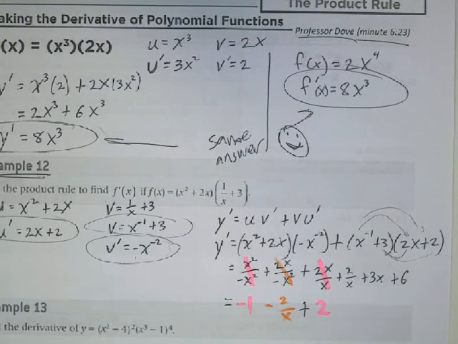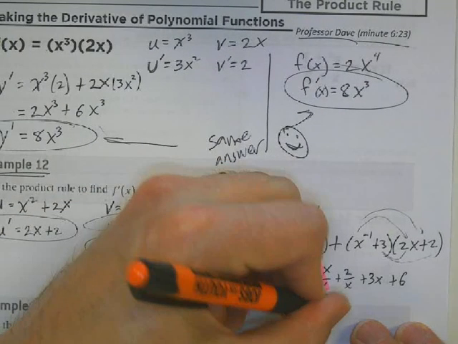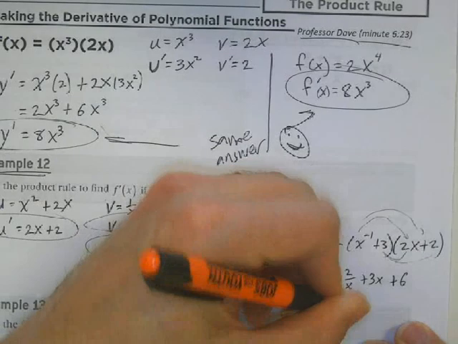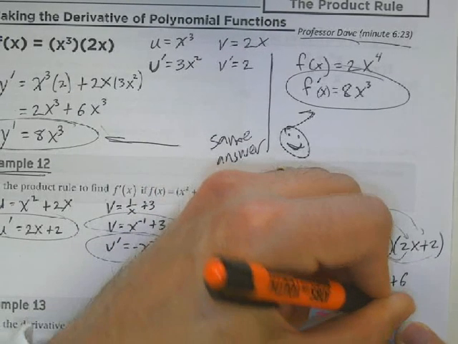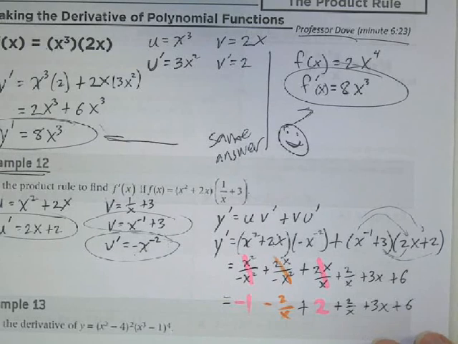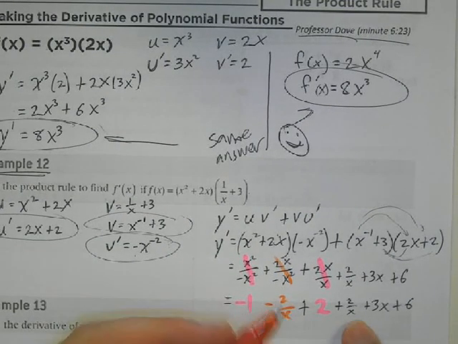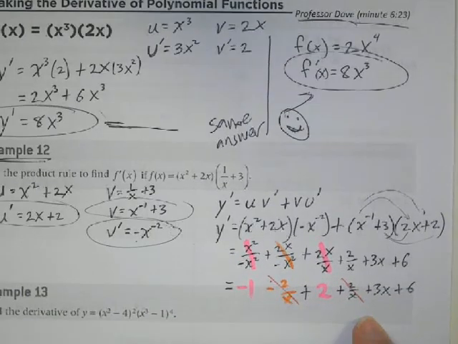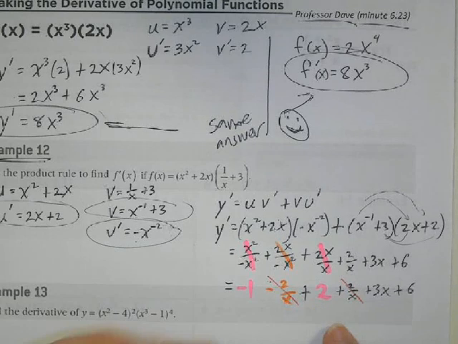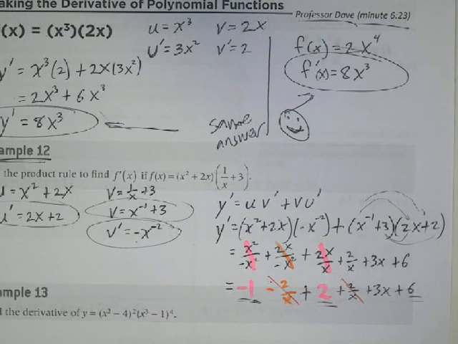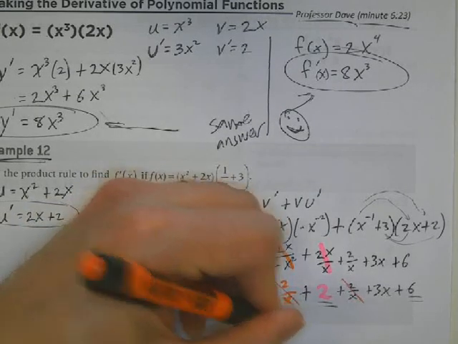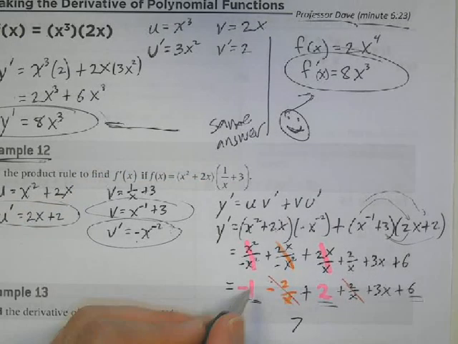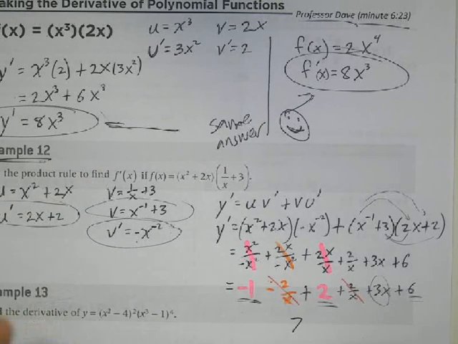And then plus 2 over x plus 3x plus 6. Okay, and then I notice negative 2 over x, positive 2 over x. That's going to cancel out. And then now I can combine the like terms. Negative 1 plus 2 plus 5 is going to give me 7. And then we've got 3x.